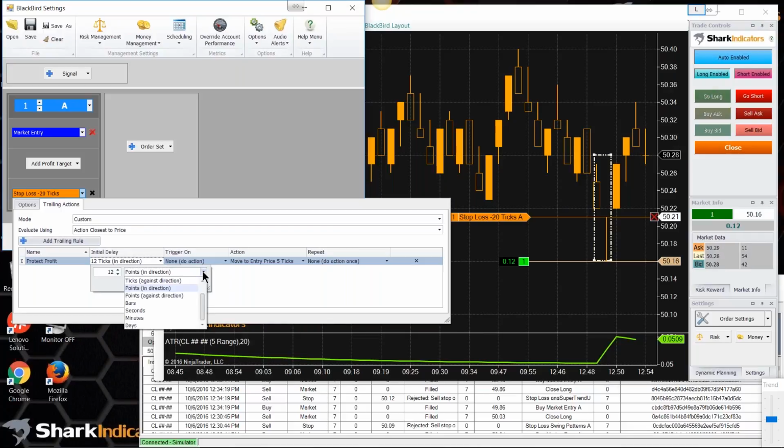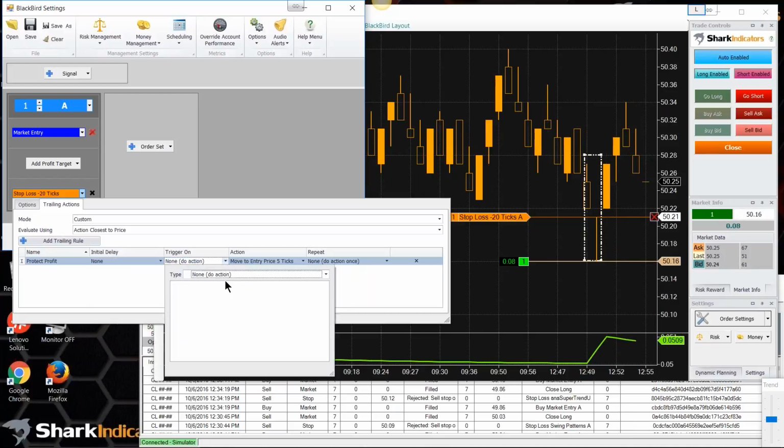So if you need some kind of custom event to move that stop loss into a profitable stop loss, then instead of using an initial delay, you could use a trigger.